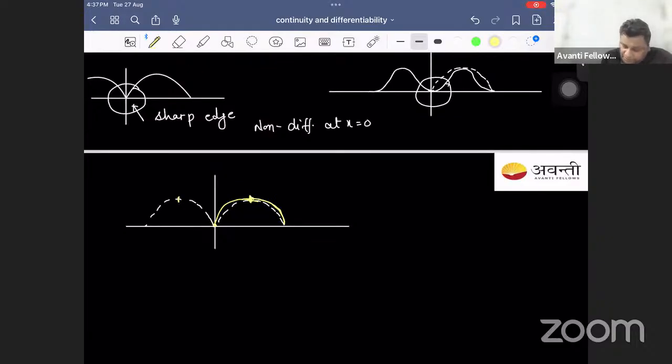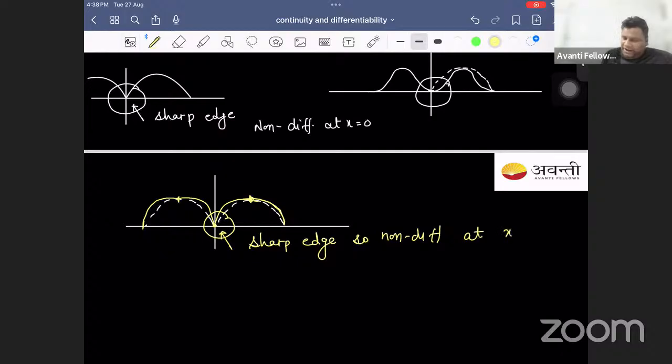From the left-hand side also it will be like this. Now you realize this is a sharp point, so non-differentiable at x = 0. Got it?